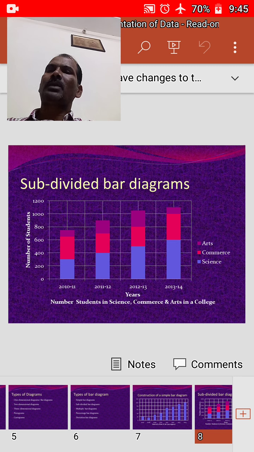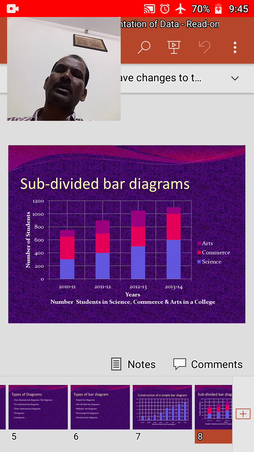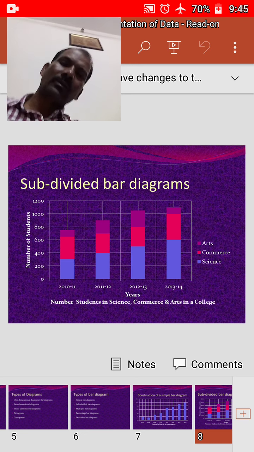To distinguish between various subdivisions of the bars, different color shades, crossing or dotted lines are used. Usually the largest component is shown at the base and the remaining components are shown in their order of magnitude.